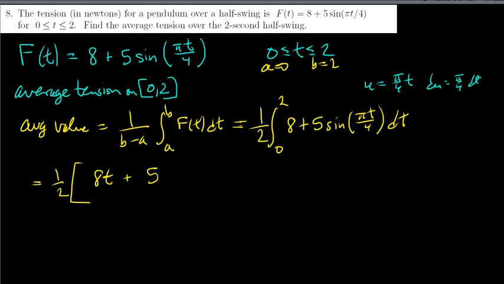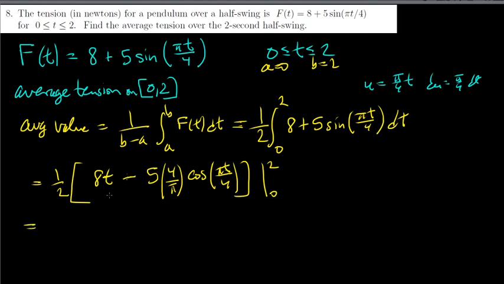So that means we're going to have to multiply by 4 over pi. And then the integral of sine is negative cosine, which means I'm going to have to change the plus to a minus here. Looks a little better. And now just plug in the 0 and the 2.